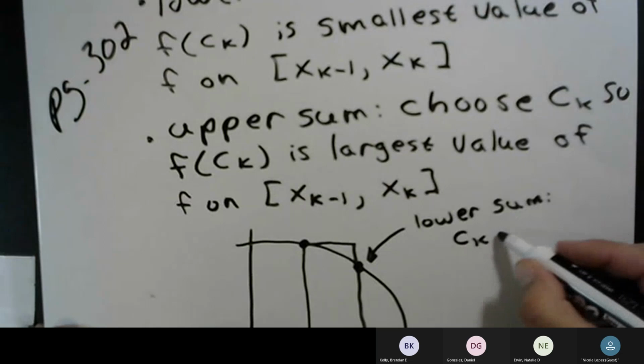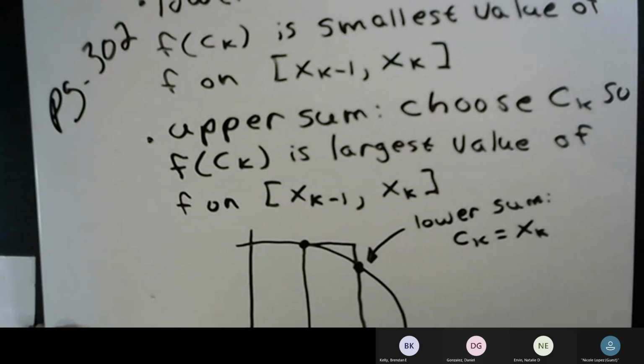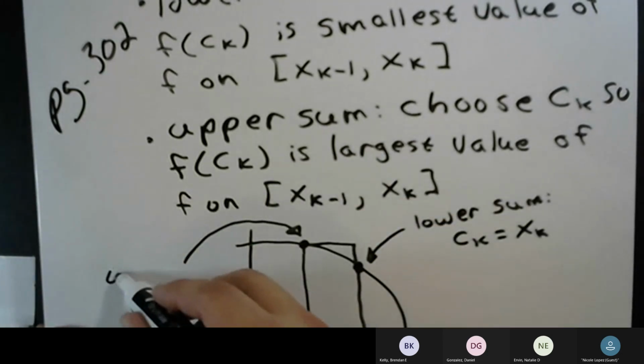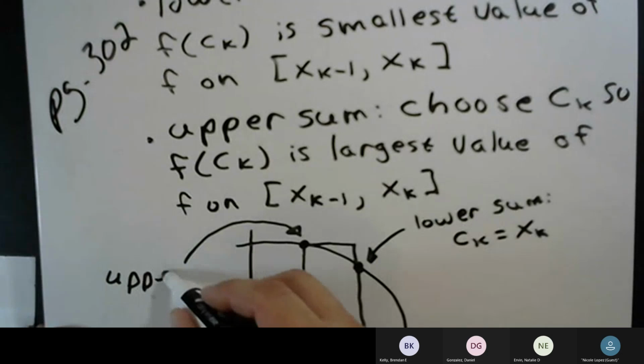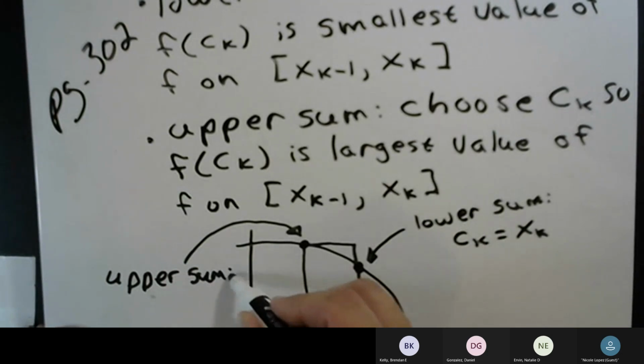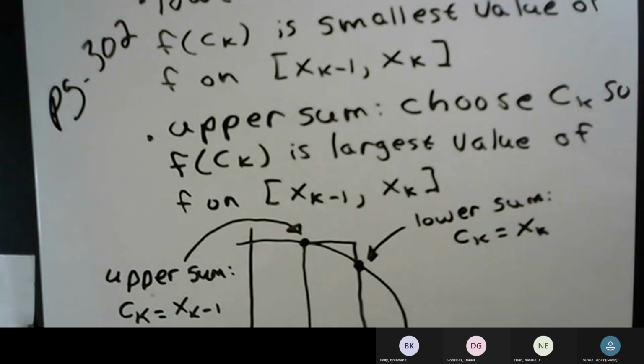CK, in this case, would be xk. And it doesn't have to appear at the endpoints. These could be occurring in the middle as well. At this point, you could use an upper sum, and here CK would be xk minus 1.